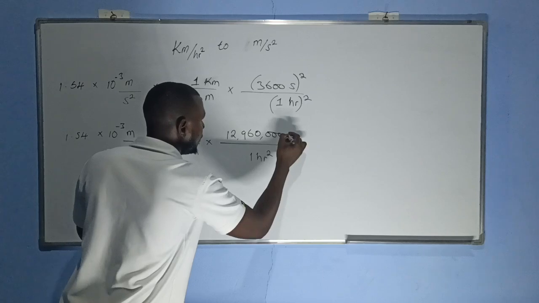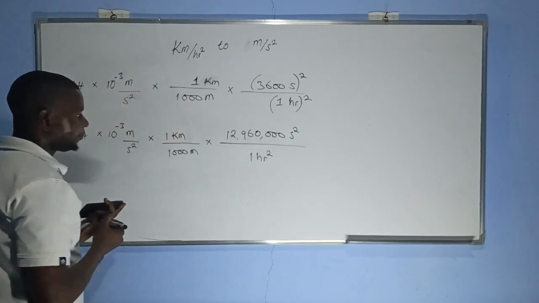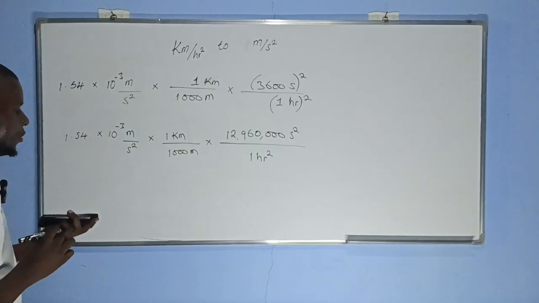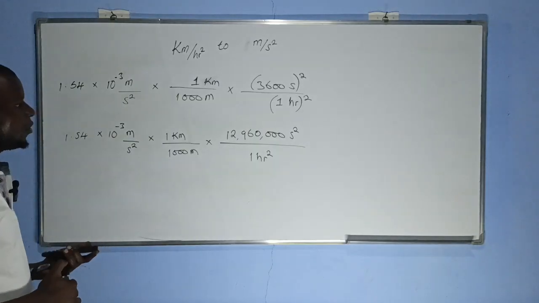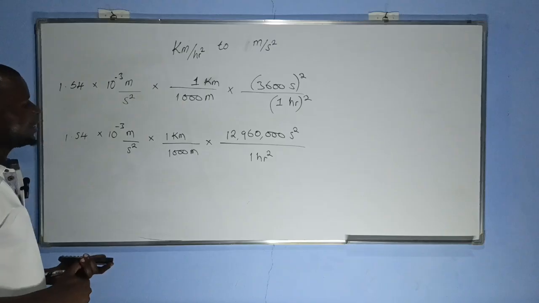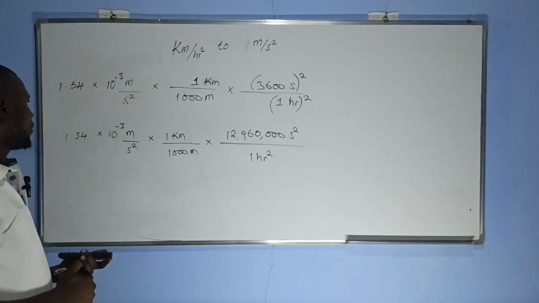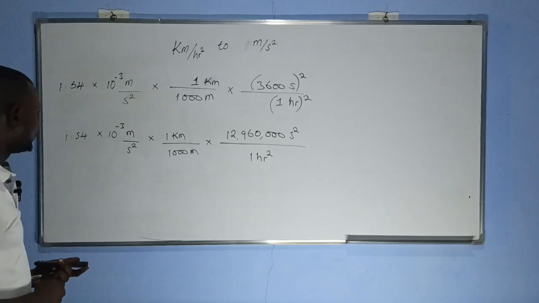This will be our square seconds now. So 12,960,000 square seconds are equal to 1 square hour. So that's what we have.